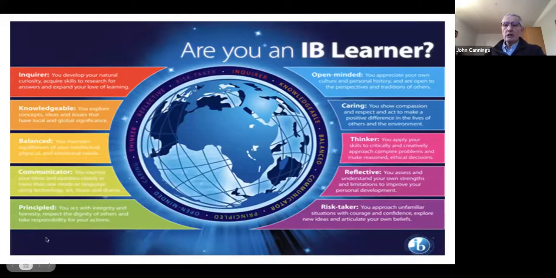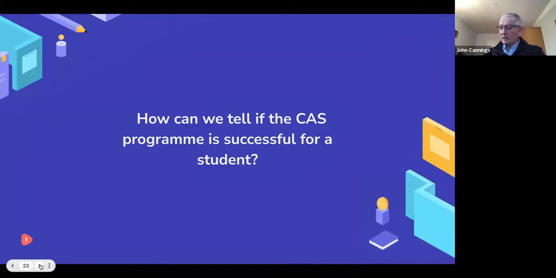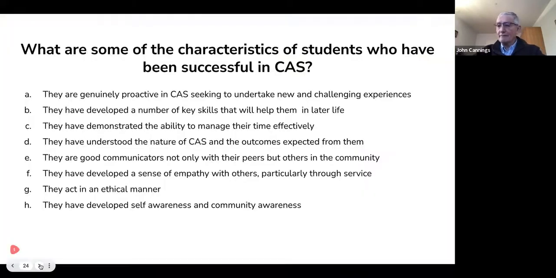So now we're going to move on a bit and look at some of the qualities that I think a good CAS student should actually have in doing things. So these are some of the characteristics I think about students who have been successful in CAS. They're genuinely proactive in trying to seek new and challenging experiences. They've developed a number of key skills that will help them later in life.